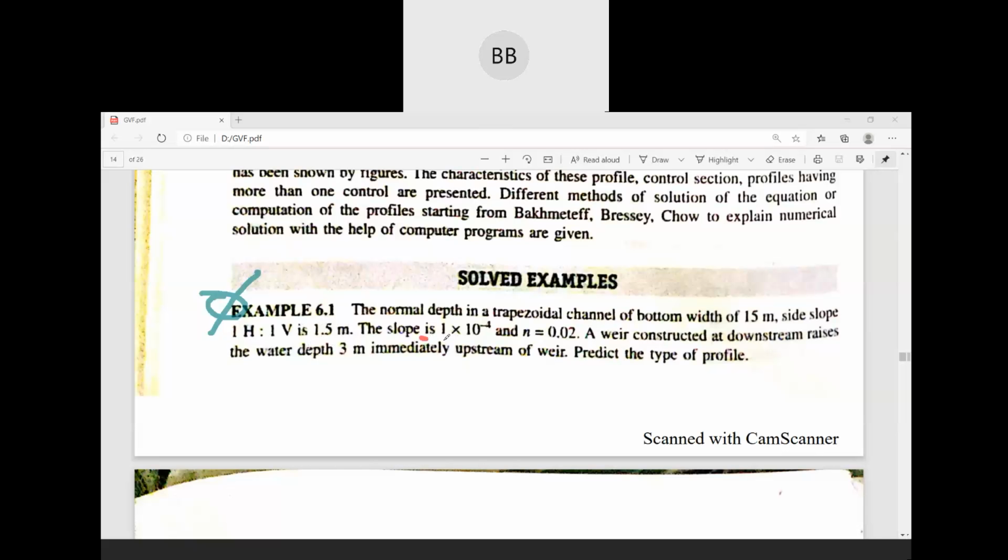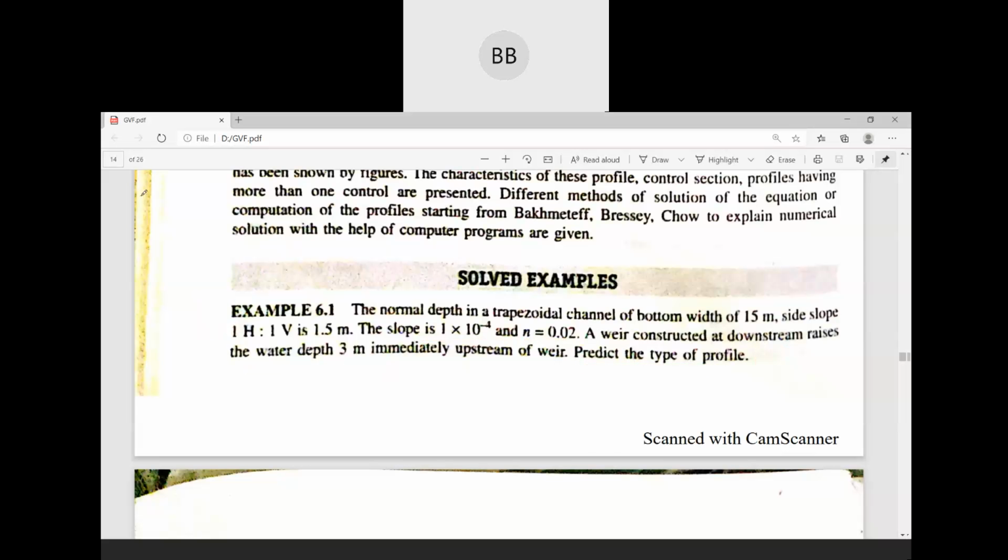Slope is 1 into 10 to the power minus 4, and Manning's roughness is 0.02. Now a weir is constructed at downstream, which raises the water level from 1.5 meter to a depth of 3 meter immediately upstream of the weir. We need to find out the type of profile.